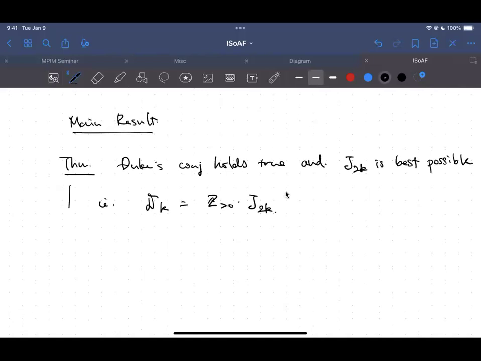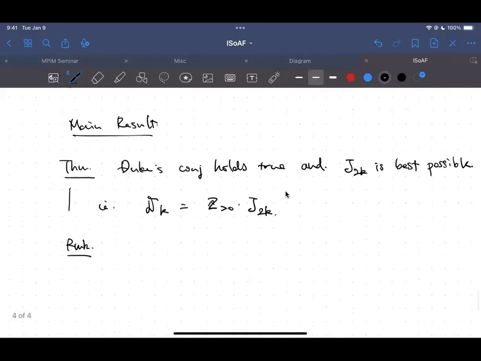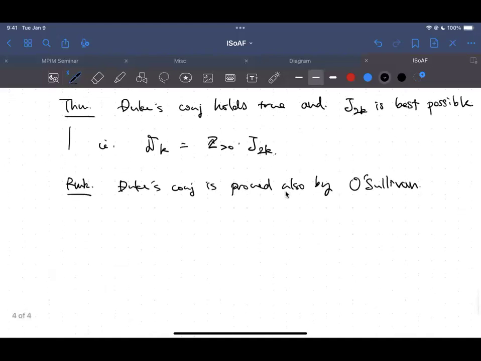So this is the main theorem today, and there's one remark that Duke's conjecture is also proven by O'Sullivan, using a more direct method than the proof which I will explain in the following. So this is what I want to discuss in this talk.